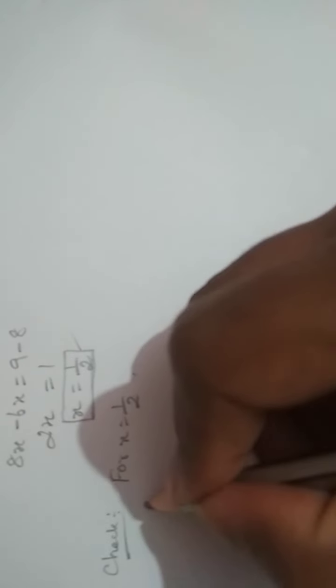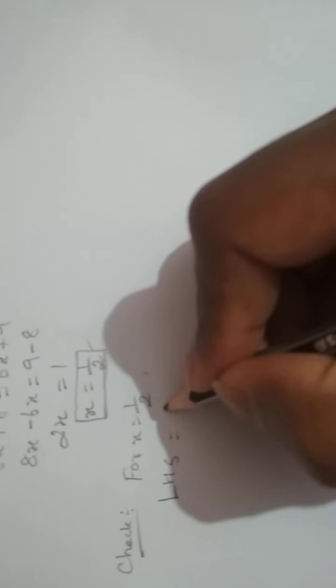Next we check whether the solution is correct or not. Check for x = 1/2. We take the LHS of the equation, (x + 1)/(2x + 3).